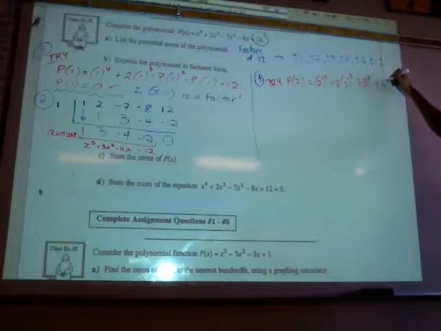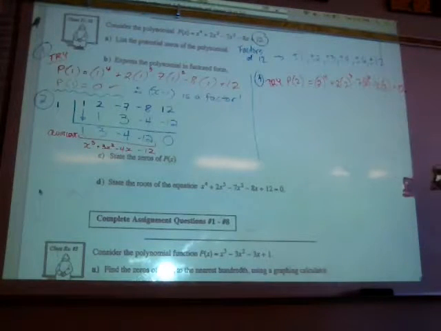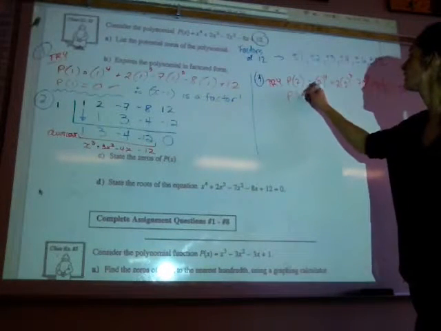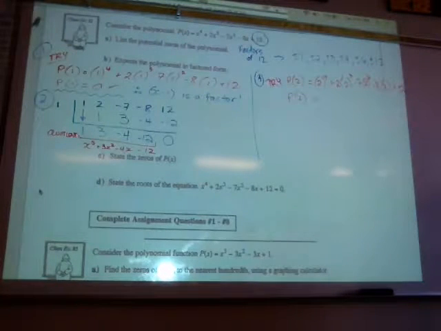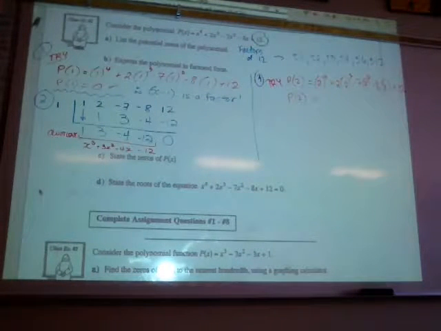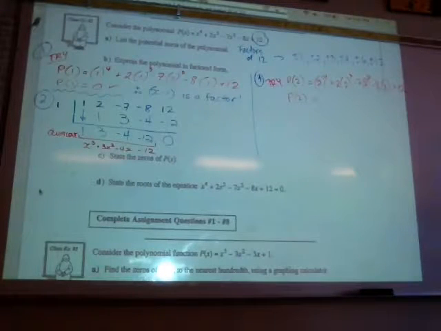So replace x with 2. And what do we get? Zero?